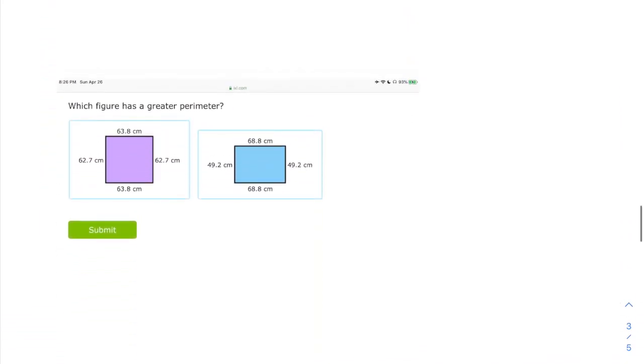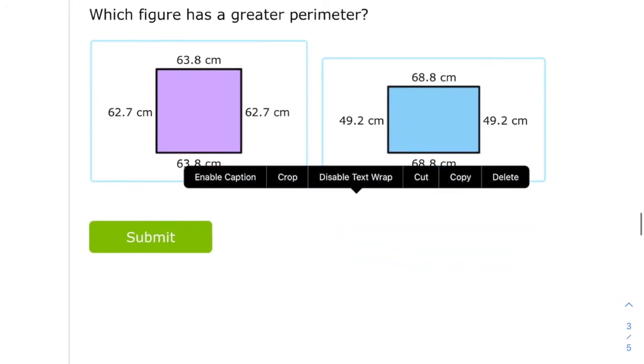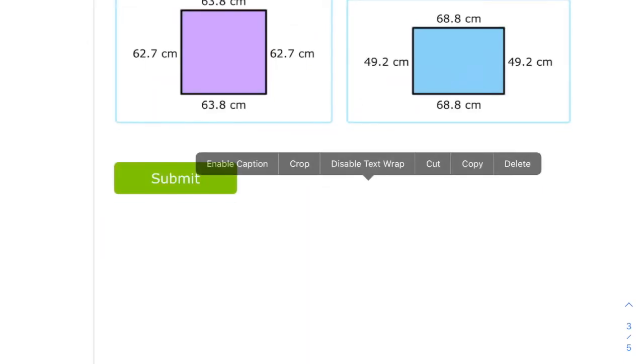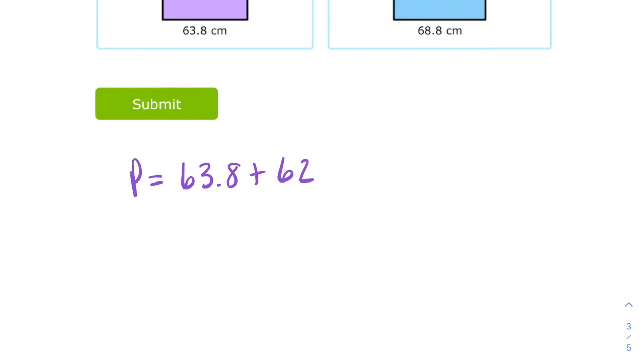And I think this is our last problem, because they're pretty repetitive. So which figure has the greatest perimeter? So this one is a little bit more tricky. So let's add them all together. We're going to say perimeter equals 63.8 plus 62.7 plus 63.8 plus 62.7.